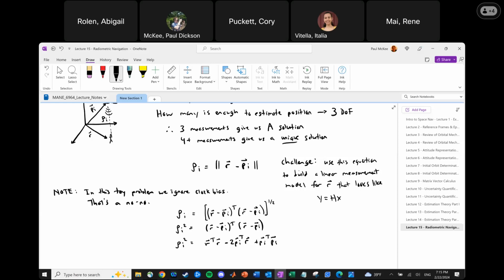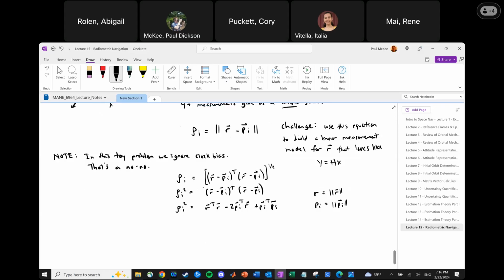Okay, first I'm going to make a couple definitions. If little r is equal to the norm of the vector r, and pi without the hat is just the norm of the vector pi with the hat, then we can do an extra step here. So rho I squared is equal to r squared, because R transpose R is the vector R transposed with itself.